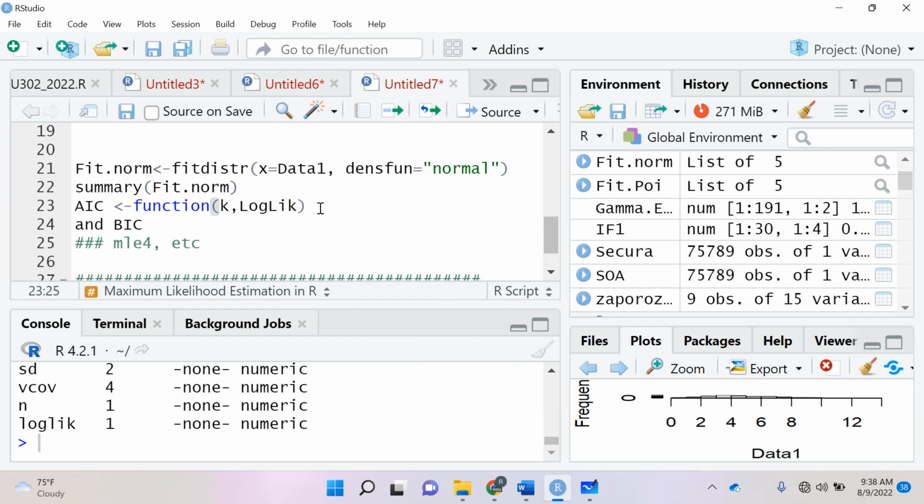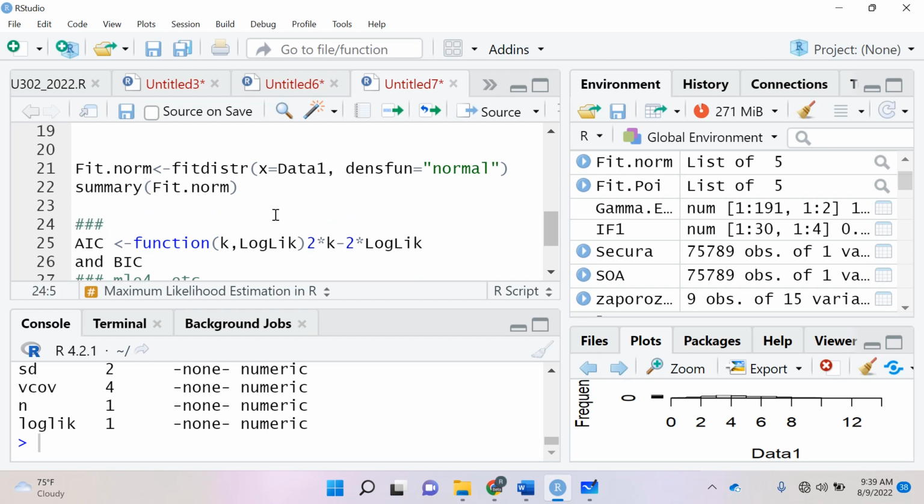So it is essentially 2 times k, the number of parameters, minus 2 times the log of the likelihood. If I have the log likelihood already, then it's just the log likelihood. Like that. So this will give me my Akaike information criterion, and so forth.